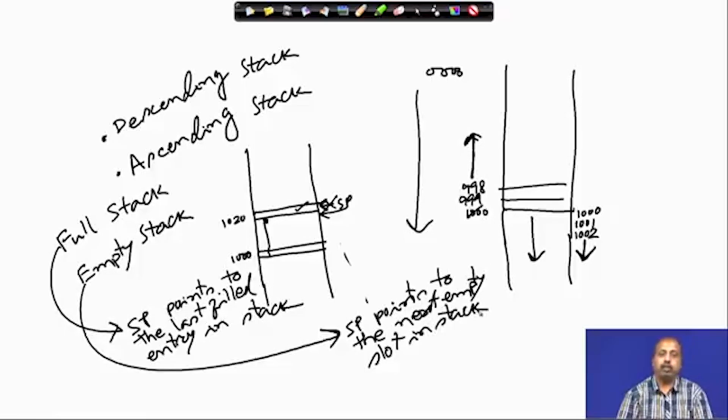So, overall I have got two more variants, full stack and empty stack.